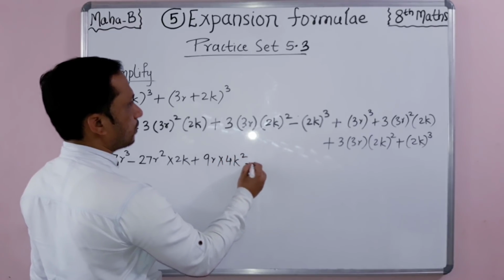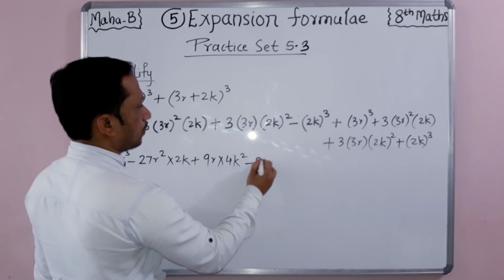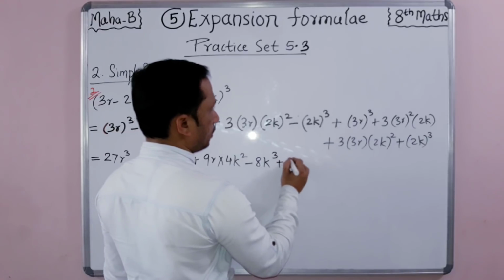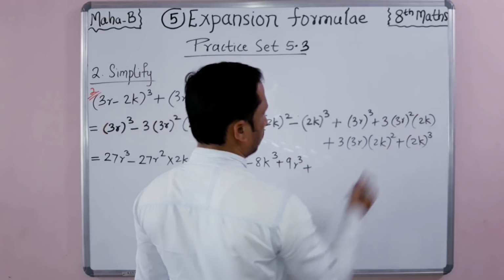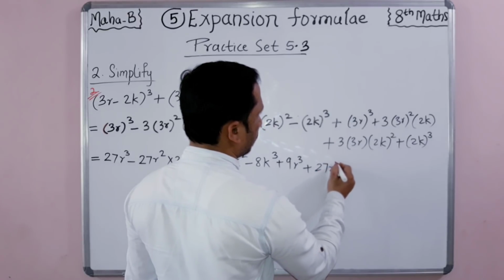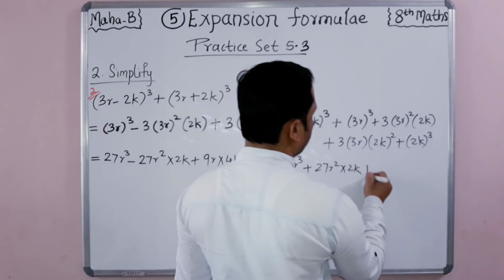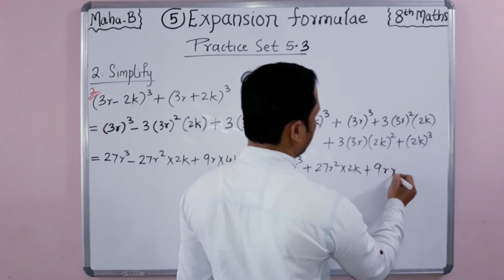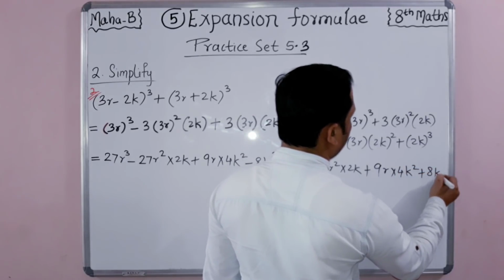So this, minus 2 cube means 8k cube is there. Plus 27r cube is there, plus 3 3s are 9, and 27r square into 2k, and plus, now what is it, student? 3 times 3 is 9, so 9r into 4k square, and plus this 8k cube is there.